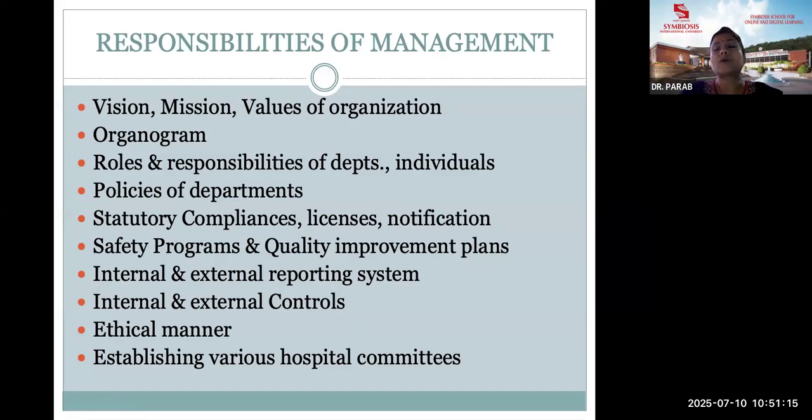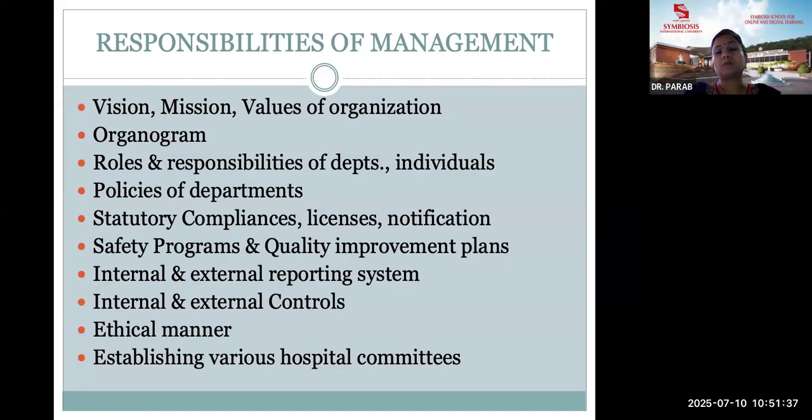They're also responsible to establish various hospital committees. There are many committees which are laid down by NABH, such as the Quality Improvement Committee, the Safety Committee, Drug and Therapeutic Committee. You have the Medical Practices Committee.